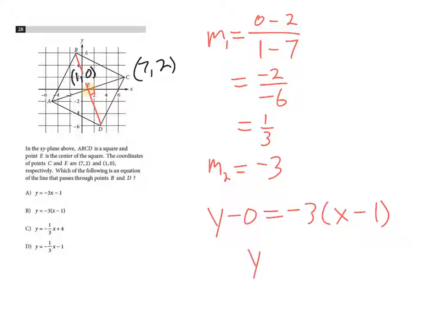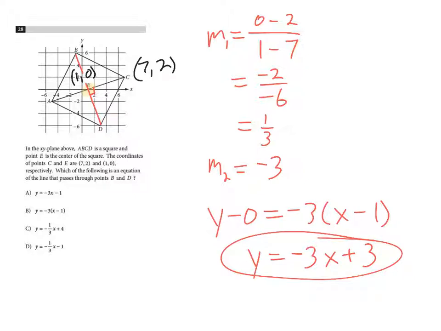It's going to be y on the left, and on the right we're going to distribute. We'll get negative 3x plus 3. So we look at our options, and unfortunately that is not one of the options. However, the right side before we distributed was negative 3 times x minus 1, and that would be B.